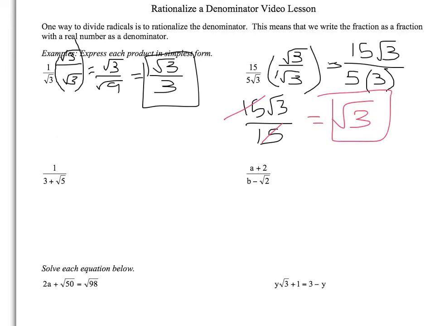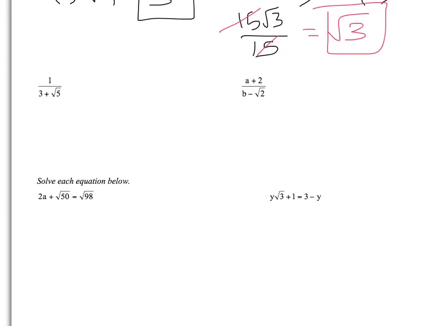Now these next two, because the denominators are combined by addition and subtraction, I'm not just going to multiply by radical 5 or radical 2. I'm going to multiply by what's called the conjugate instead. And it's important that you know what that word is, and we'll see it over and over throughout this year. Because sometimes the Regents will ask, what is the conjugate of 3 plus radical 5?